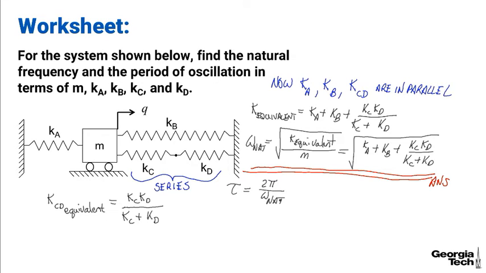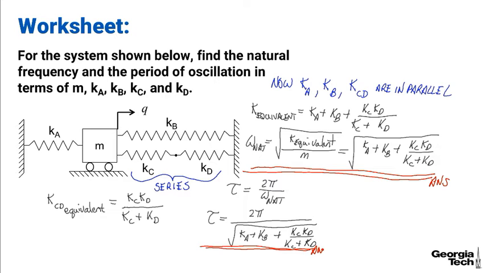So for this particular system, tau, or the period of oscillation, equals 2 pi over the square root of k sub A plus k sub B plus k sub C, k sub D over k sub C plus k sub D, all over m. And so that's a quick example of how to find, for a particular vibratory system, the natural frequency and the period of oscillation.